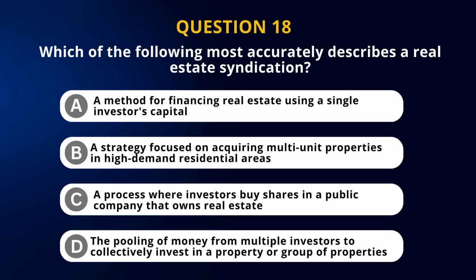Question number 18. Which of the following most accurately describes a real estate syndication? Letter A, a method for financing real estate using a single investor's capital. Letter B, a strategy focused on acquiring multi-unit properties in high-demand residential areas.